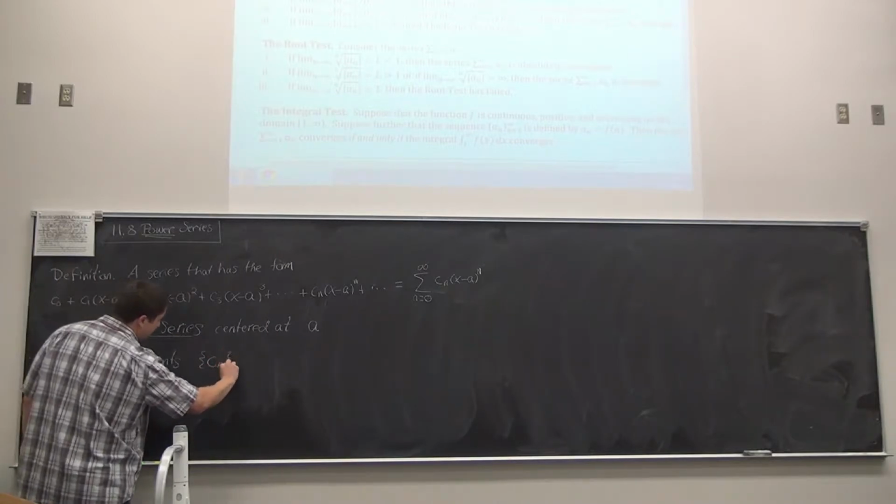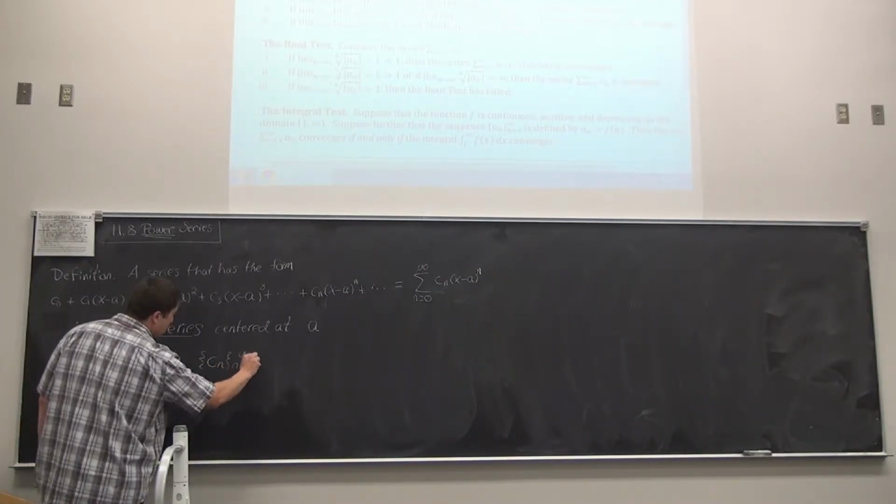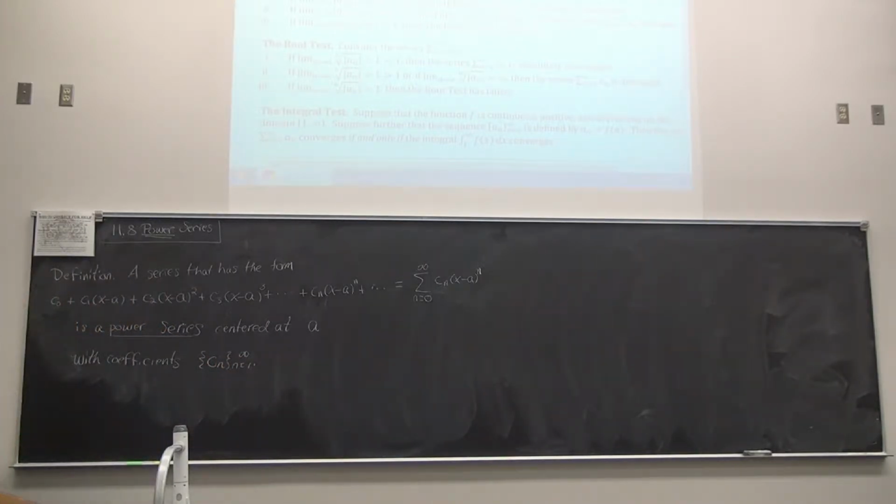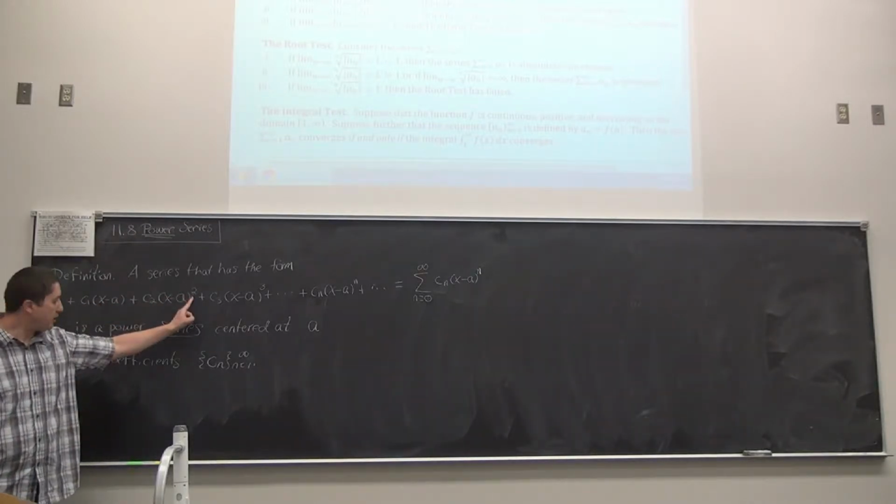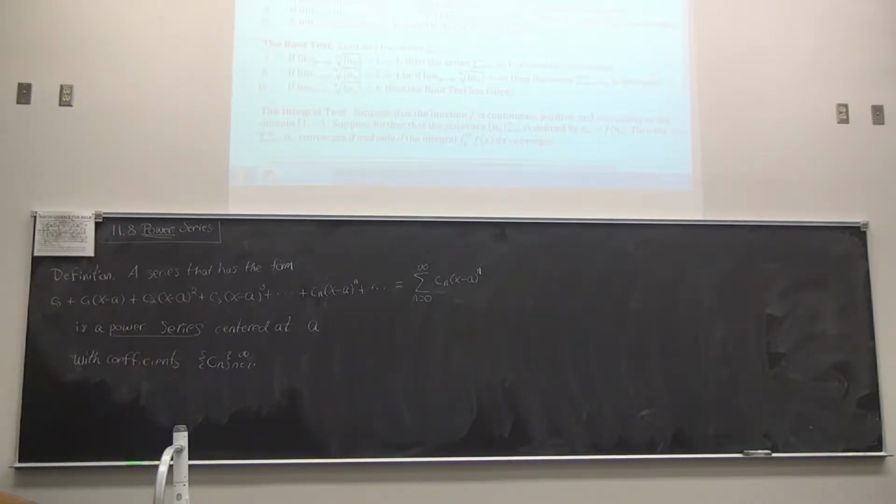The entire sequence, c sub n, as n goes from 0 to infinity, will be considered the coefficients. They're coefficients in the usual sense. They're the coefficients of a variable minus a value, to a power possibly. But it's really an entire sequence in this situation. So that's what we mean by a power series. Any questions about it?